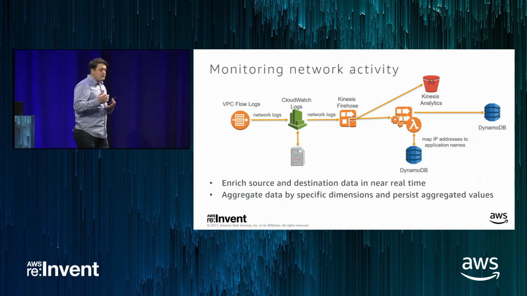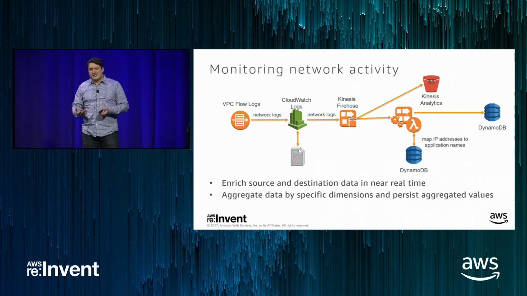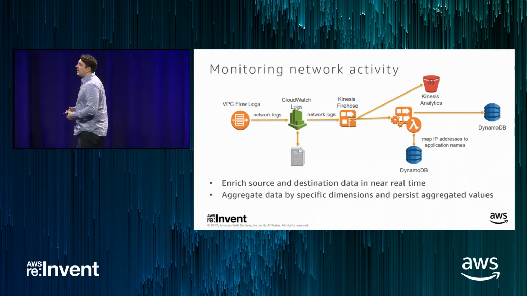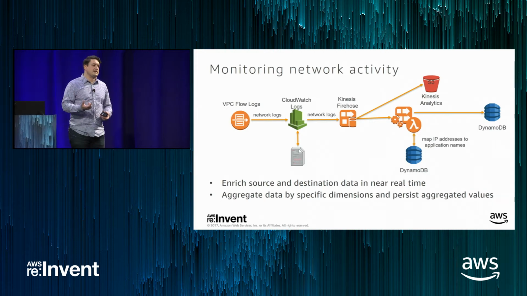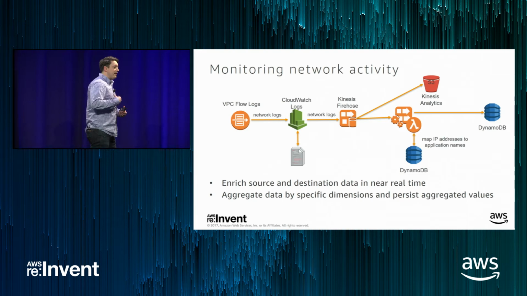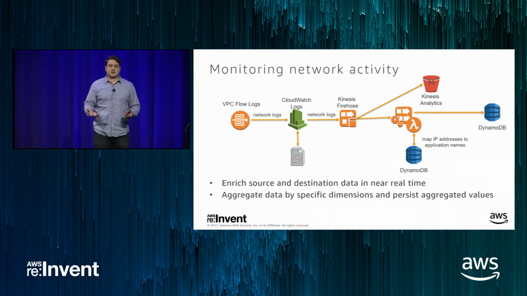So I'm showing another pattern with VPC flow logs. One of the things about the nature of VPC flow logs is that they're a little bit naked. When I say that, it's a raw log event. And you might have a lot of contextual information, such as you might know that a specific set of IP ranges are coming from this set of applications, or that this signature or user agent is coming from a specific service.